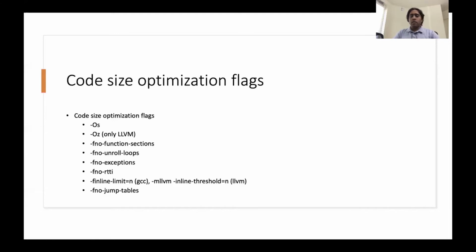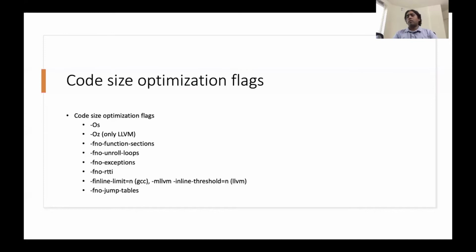The fifth one is -fno-exceptions. In C++ or C++ heavy code, exception handling code is generated all over the place in every translation unit, because there is some information that is required to be present in the binary such that when an exception is thrown, the runtime would be able to walk up the call stack and provide relevant information or handle that exception.